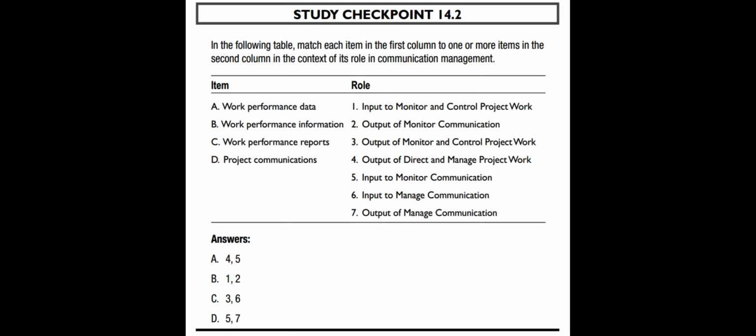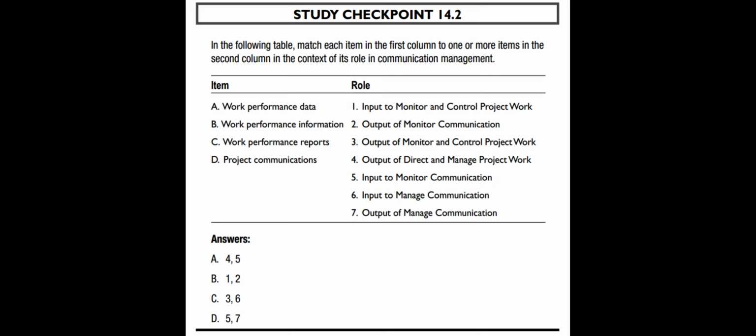Study checkpoint 14.2. In the following table, match each item in the first column to one or more items in the second column in the context of its role in communication management. Item: A. Work performance data, B. Work performance information, C. Work performance reports, D. Project communications. Role: 1. Input to monitor and control project work. 2.